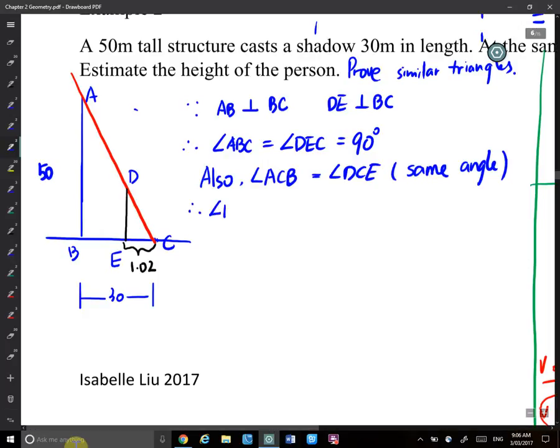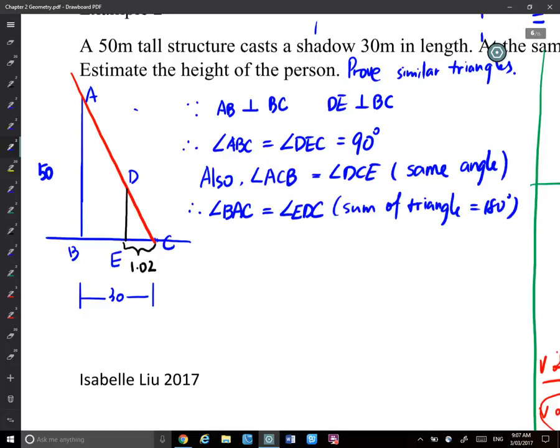So the angle BAC must equal the angle EDC, because the sum of angles in a triangle equals 180 degrees, and if you have two pairs equal, then the third pair must be equal.